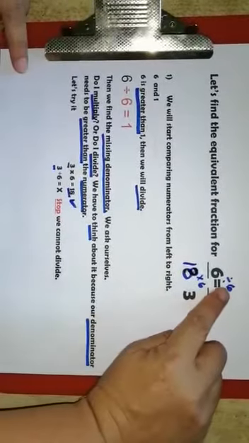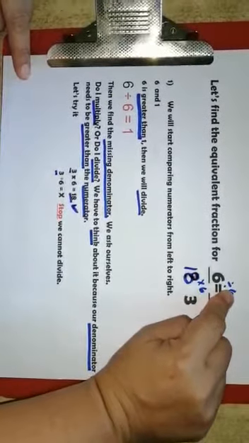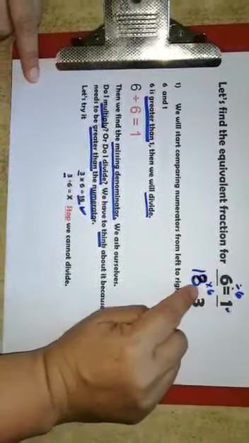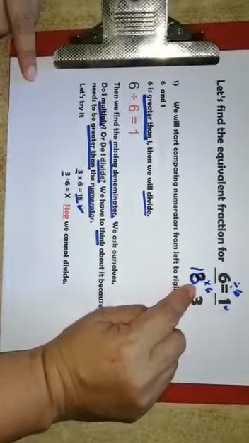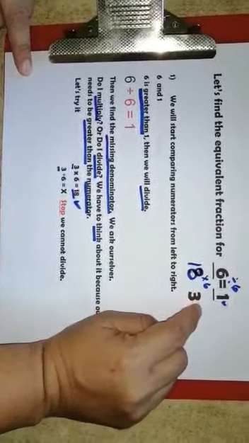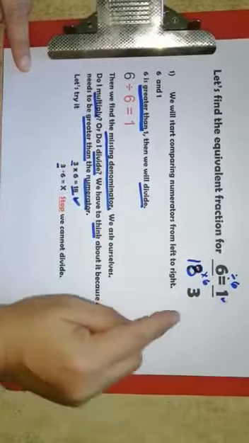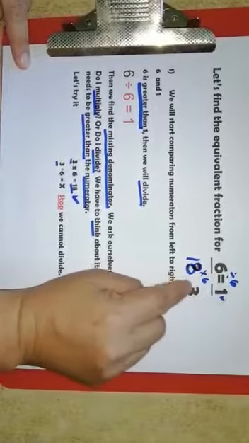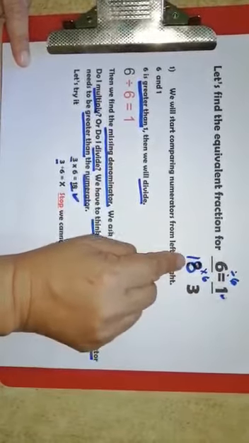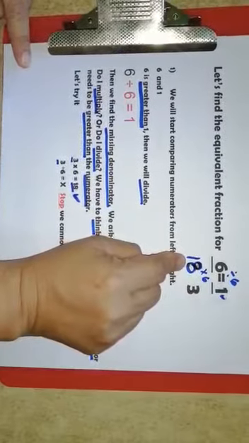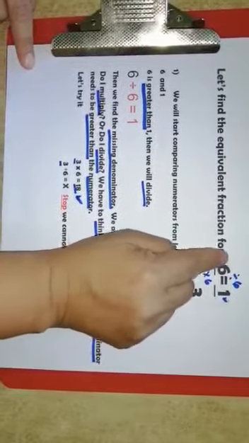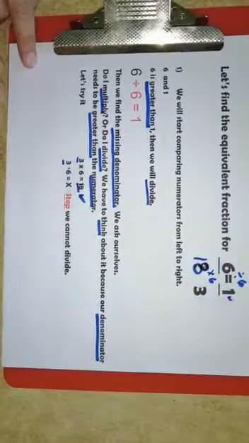Please observe here that we divide on the top and we multiply at the bottom. These are special occasions and we need to make sure we do this so we can have, like I said, our denominator greater than the numerator.